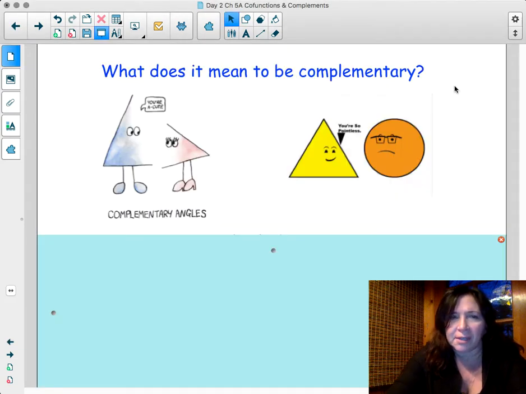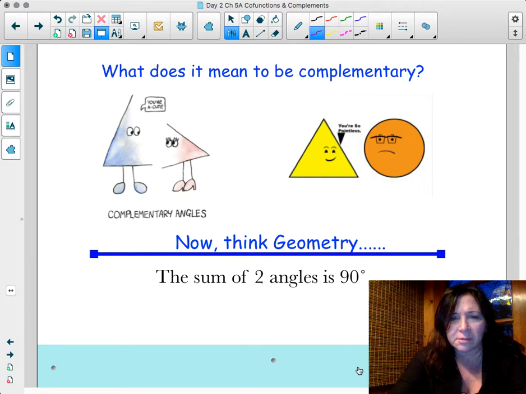The first question is, what does it mean to be complementary? Something that you have reviewed in geometry. Complementary angles are two angles that have a sum of 90 degrees. So if I have an angle of, let's say, 40 degrees, the complement to that would be 50 degrees.